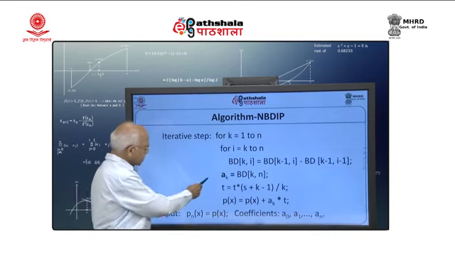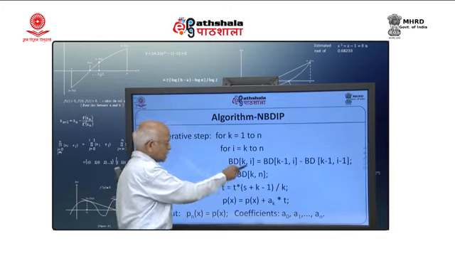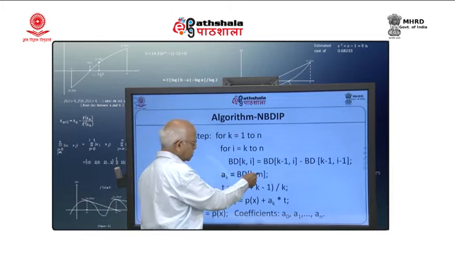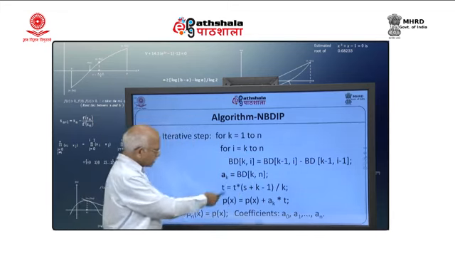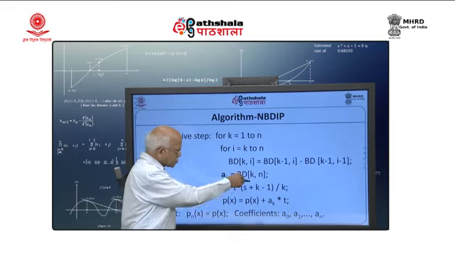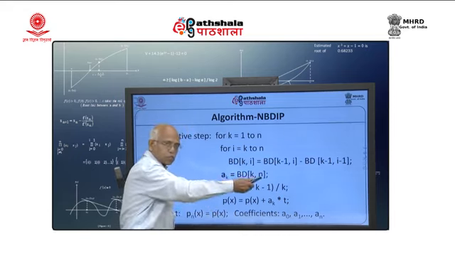And you can see here a k, I am going to write it as the backward difference at x n, a kth order backward difference at x n, that is my a k. And t again, now here I am going to take it as t times s plus k minus 1, because I want s into s plus 1, s plus 2, like that.